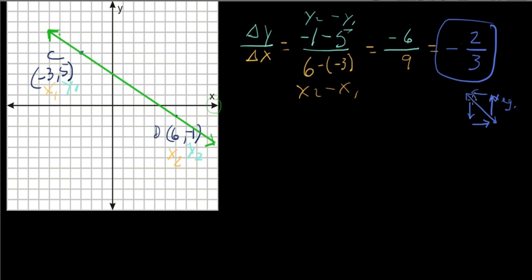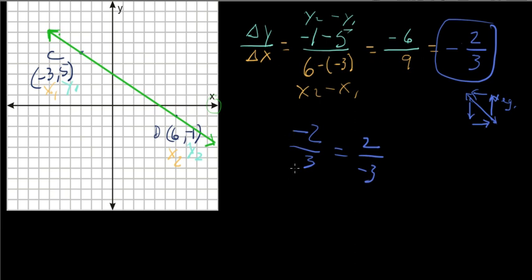So either you're starting here and going here, or else you're starting here and going here. Either way, it's going to be negative over positive, or it's going to be a positive over negative. So either way, overall it's going to be a negative slope. So let's take a look at what that means. That's the same as a negative 2 over positive 3, or 2 over negative 3. So either one of these would work.